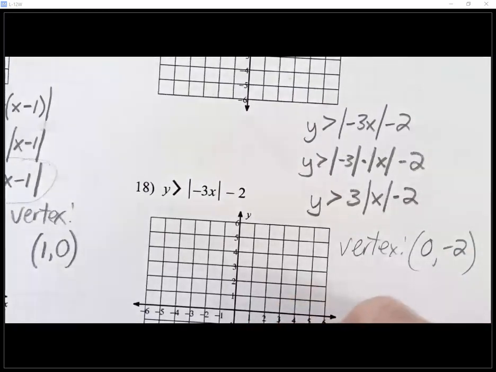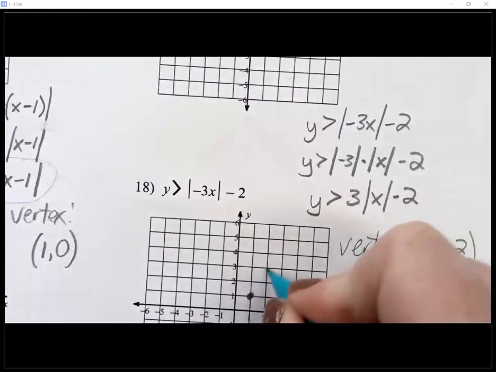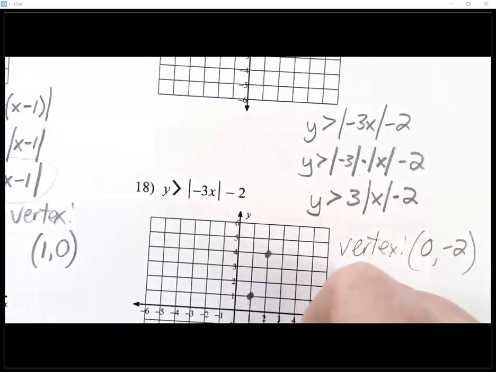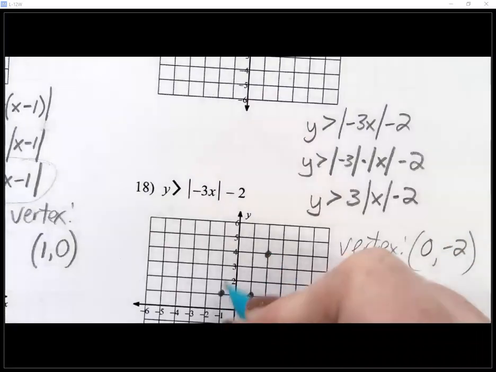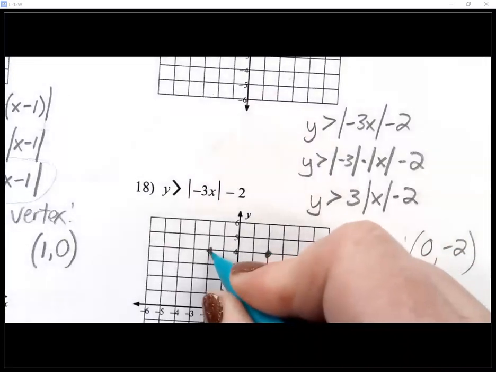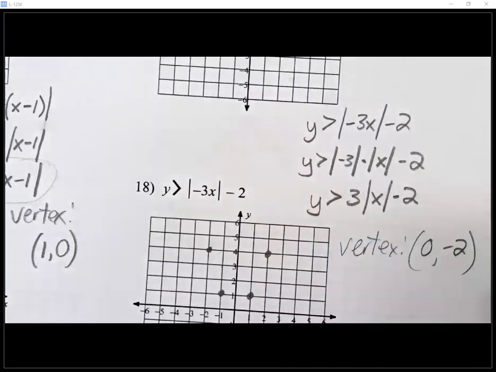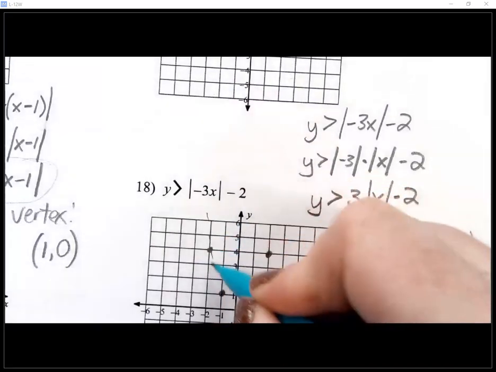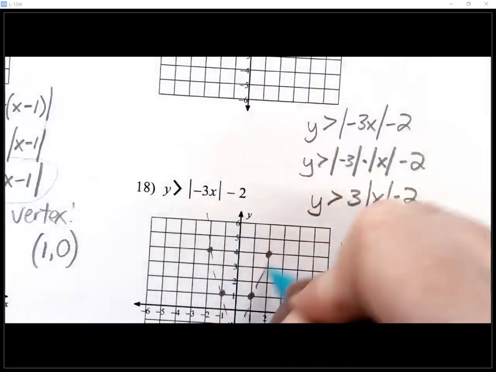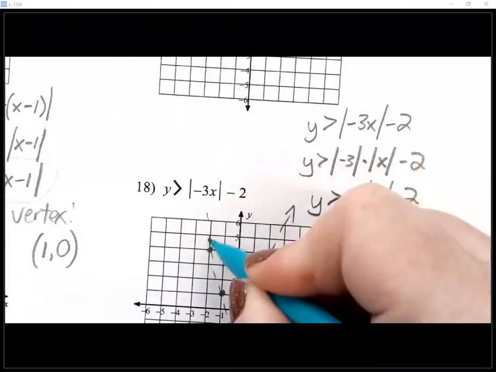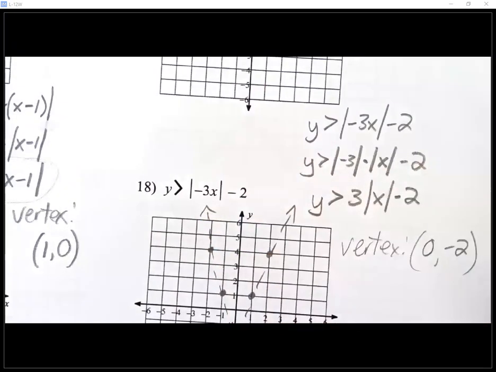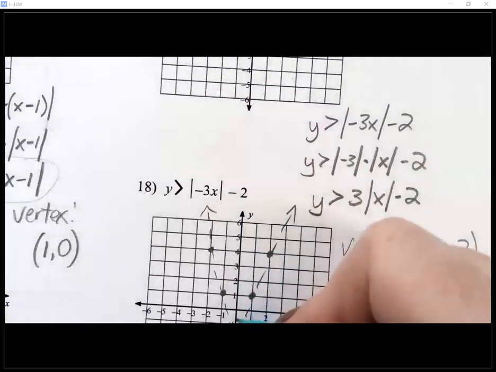And we'll just follow that slope. Solid or dotted? And I'm gonna shade which way? Up. y is greater than, so it's gonna be everything inside of this V shape.